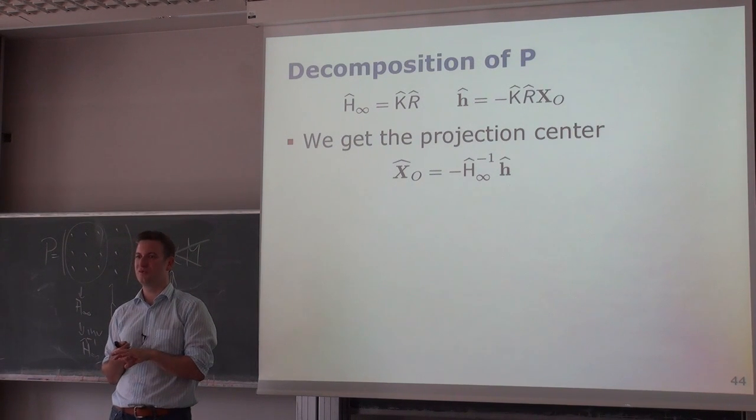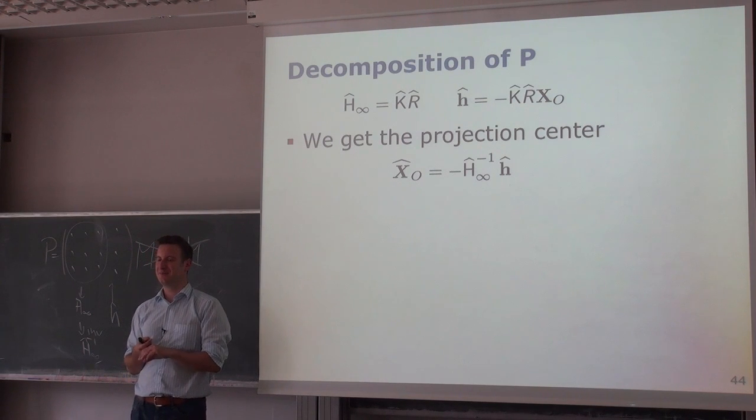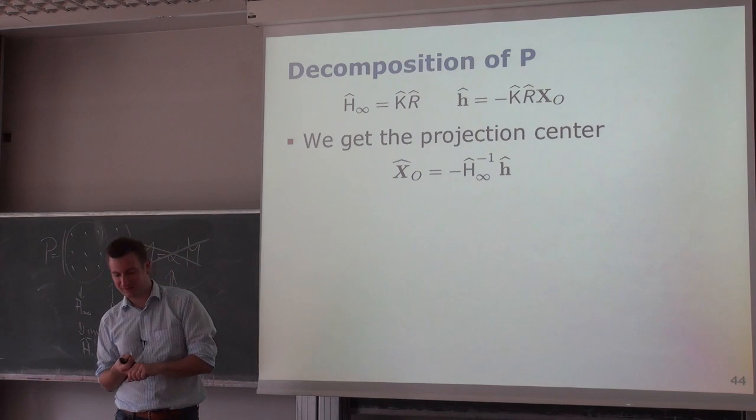So what are the two key ways of decomposing a matrix? Cholesky is one which I don't want to use here, because you have a lower triangular matrix, and I need an upper triangular matrix.